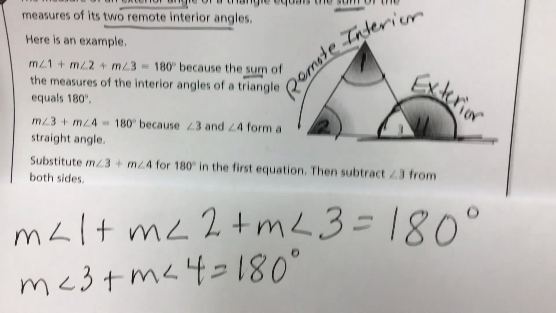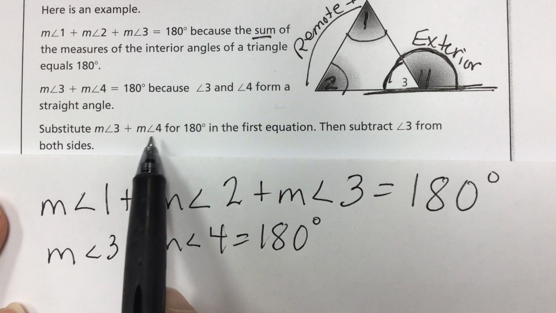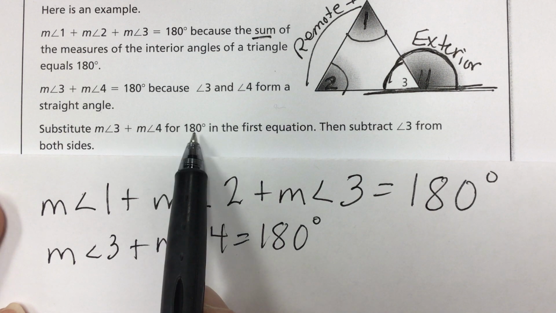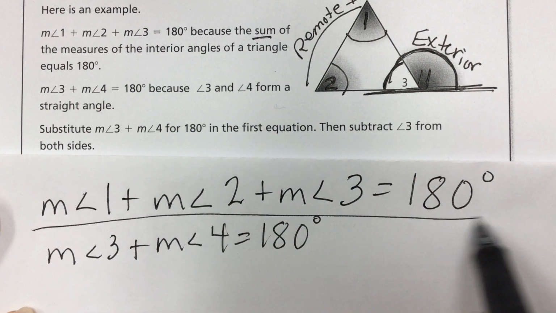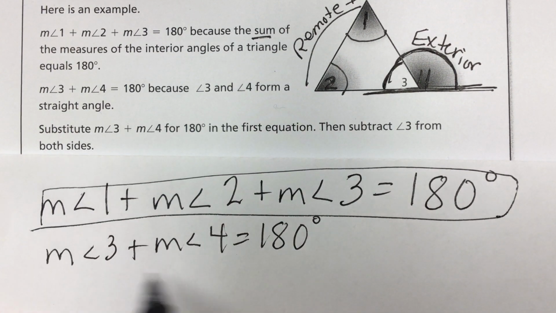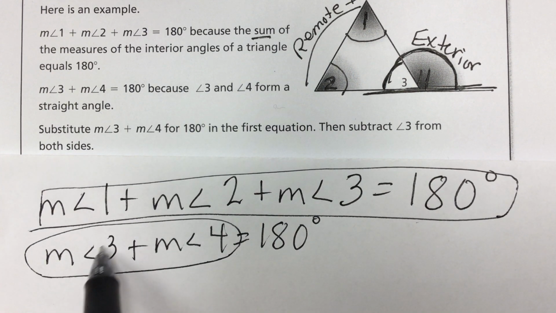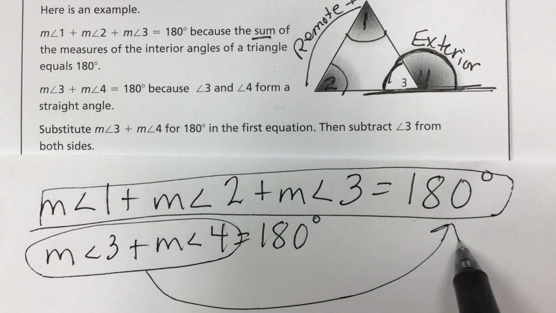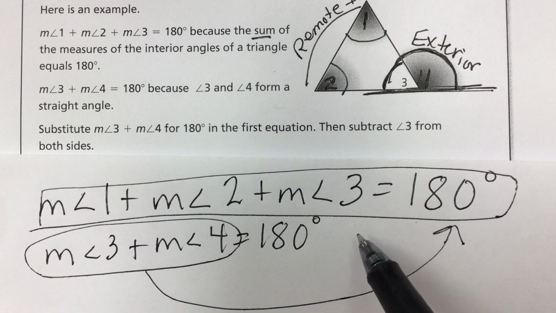Okay? Now it says substitute the measure of angle 3 plus the measure of angle 4 for 180 in the first equation. So we're going to take this first equation here, and we're going to substitute in for 180 the measure of angle 3 plus the measure of angle 4, because these two together do equal 180 degrees.